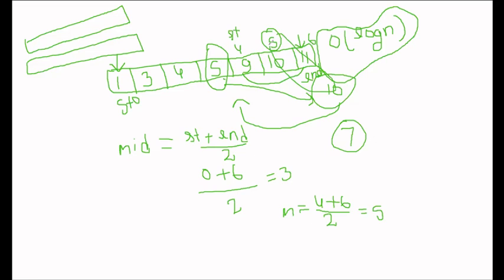Okay, suppose we try to search other elements. This time, how many comparisons have we made? We have compared with 5 and 10, means we have compared with only two elements. In linear search, we would compare with 1, 3, 4, 5, 9, and 10.